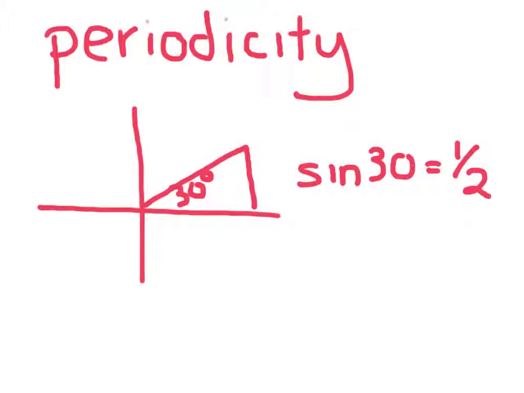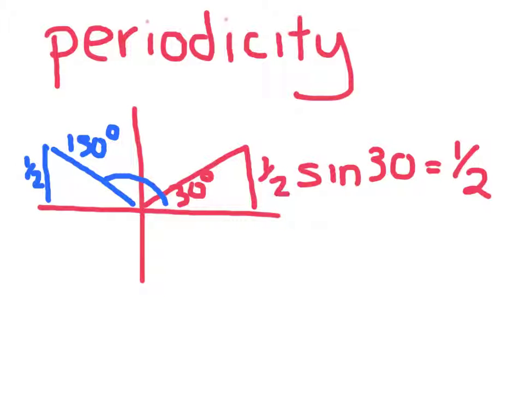The sine being 1/2 repeats itself right here at 150 degrees, because this sine is also 1/2, and then it doesn't repeat itself again until we get all the way around to 390 degrees.